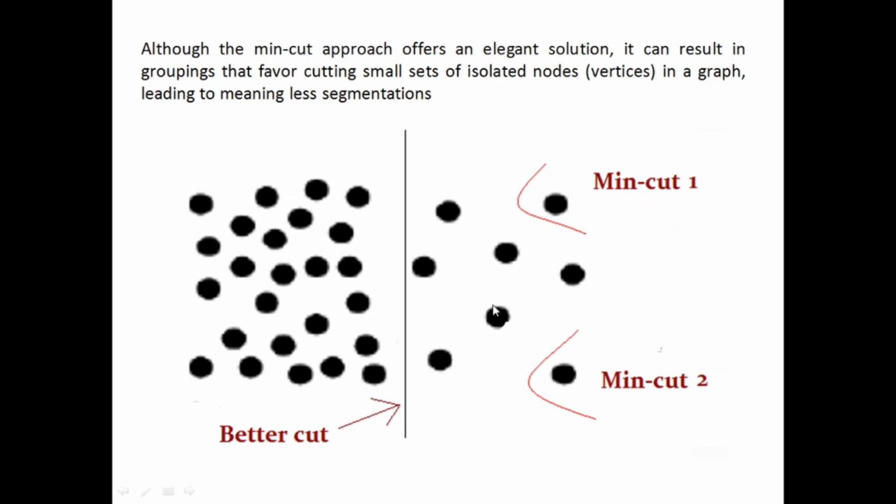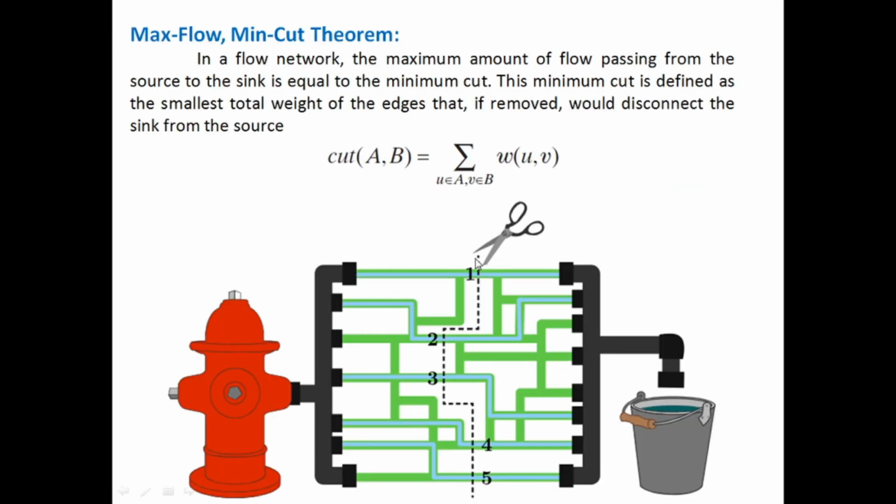Now what I would like to do is, instead of looking at the total weight value of the edges connecting the 2 groups, this is one group and this is one group, my idea is to measure the disassociation between the nodes. Association between the nodes means the nodes are connected with each other through an edge, right?